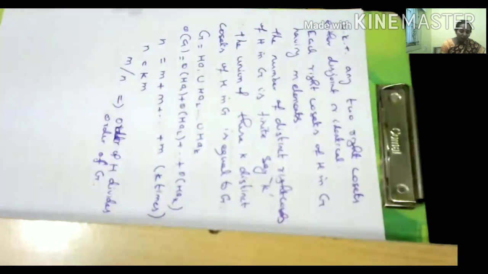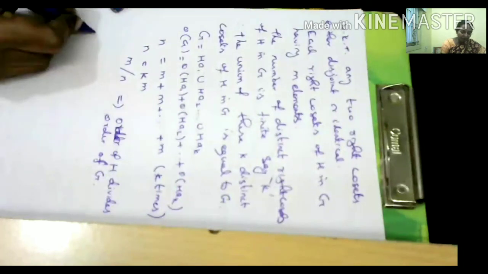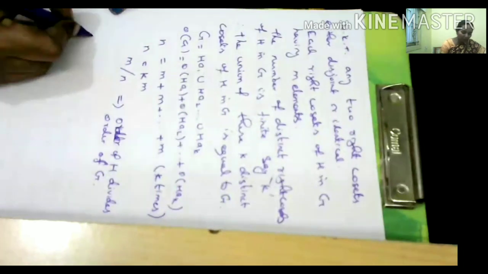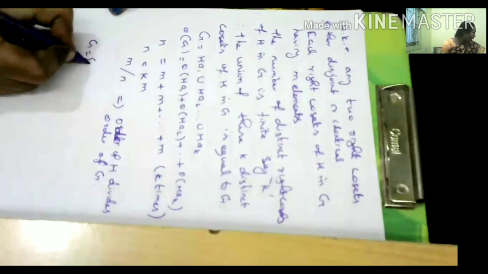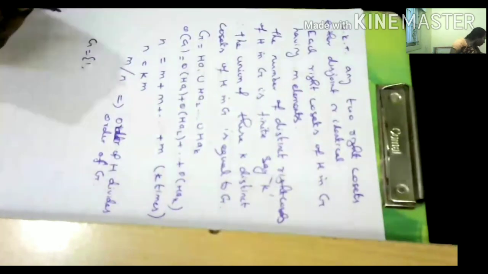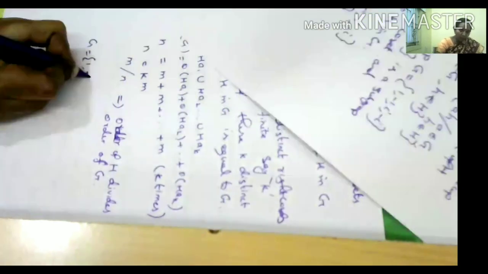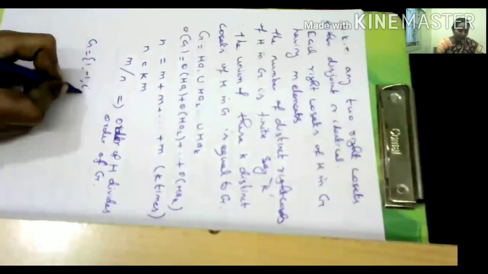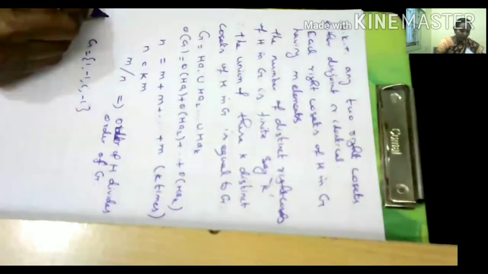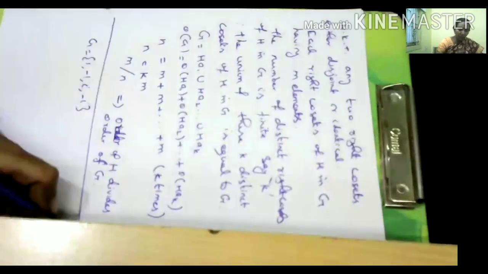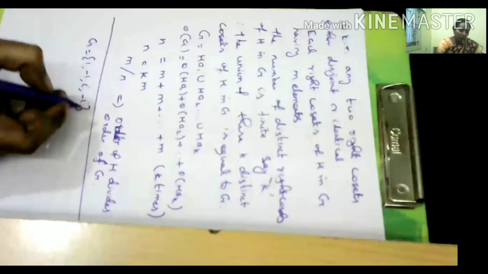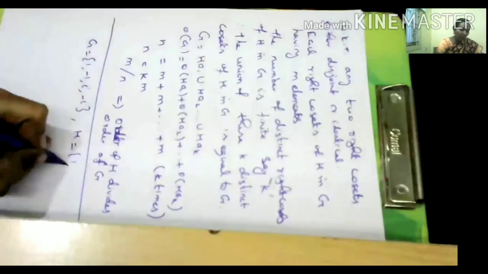For example, we know that we have proved the set G is equal to 1, minus 1, I, minus I. This is a set. Till here, Lagrange's theorem is over. Suppose H is equal to 1, minus 1.